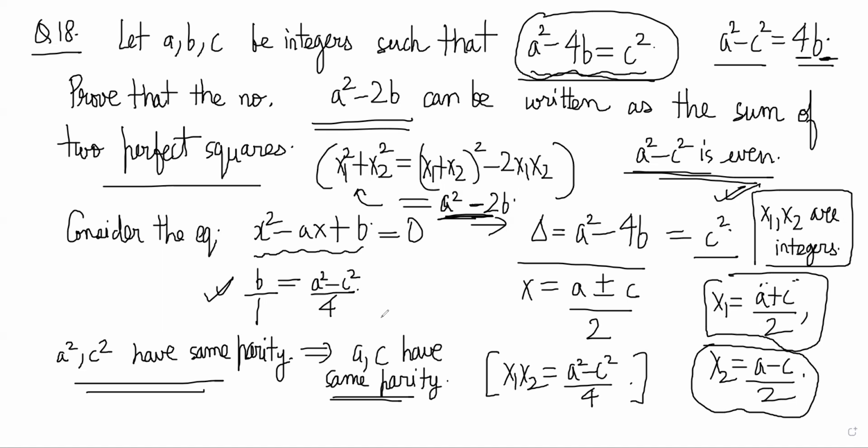Then a and c have the same parity, which implies that x1 and x2 are both integers. And if x1 and x2 are integers, then obviously x1 square plus x2 square is also an integer, and if you evaluate it, that comes out to be a square minus 2b. So a nice and tricky solution here.